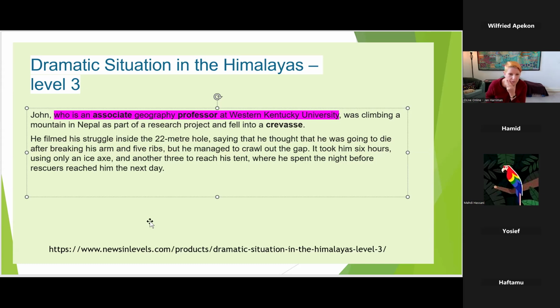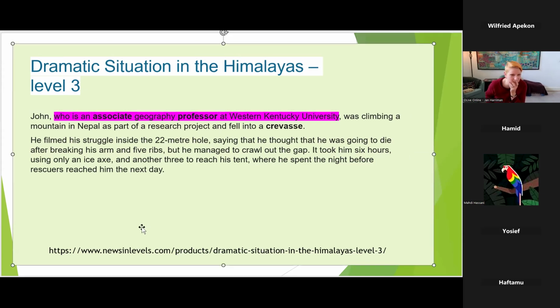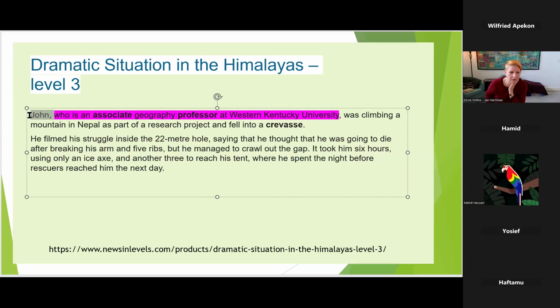Now we still need to find the verbs. Where are the verbs? Where is the main core sentence on this one? We've got John was climbing.